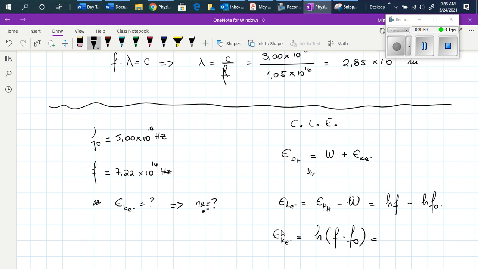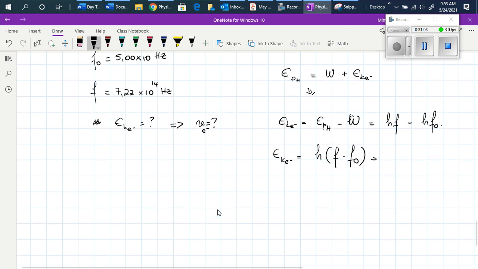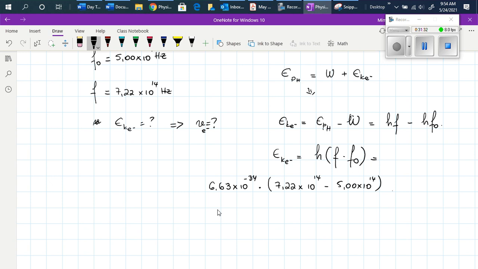We are not specifying in which unit we need it. Usually kinetic energy is in joules, so we will use Planck's constant as 6.63 times 10 to the power of negative 34 joule seconds times 7.22 times 10 to the power of 14 minus 5.0 times 10 to the power of 14.